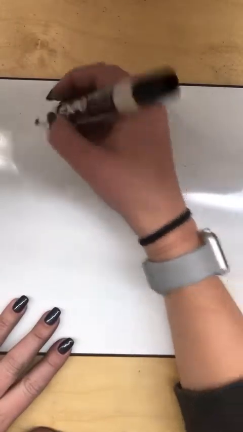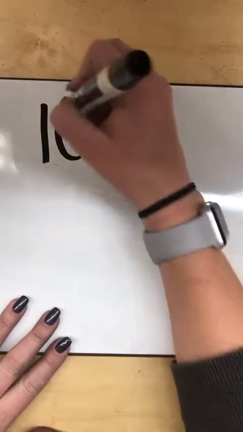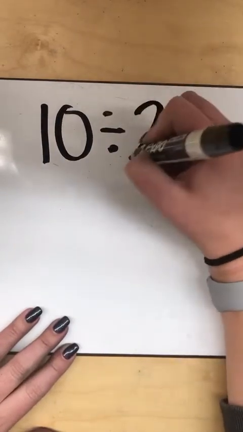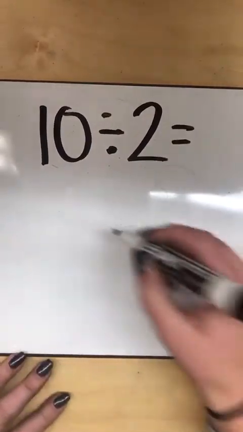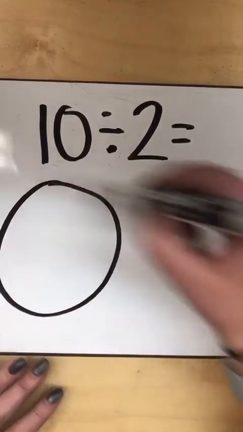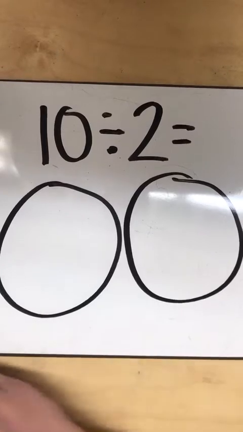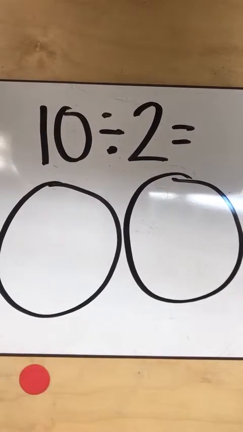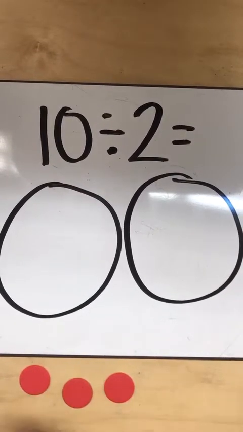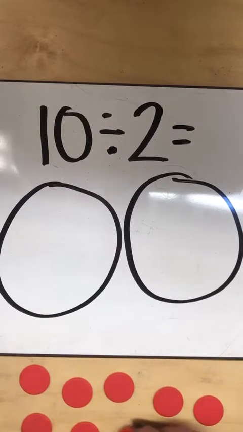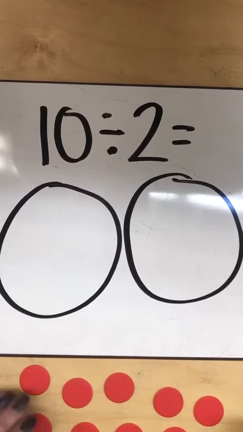So I'll do one more. I'm going to do one that you can actually hopefully see the whole problem in. So first count out the items, 1, 2, 3, 4, 5, 6, 7, 8, 9, 10.